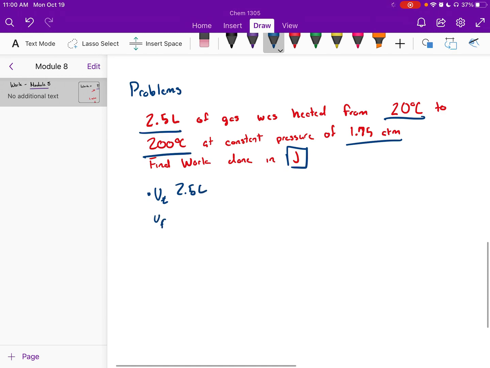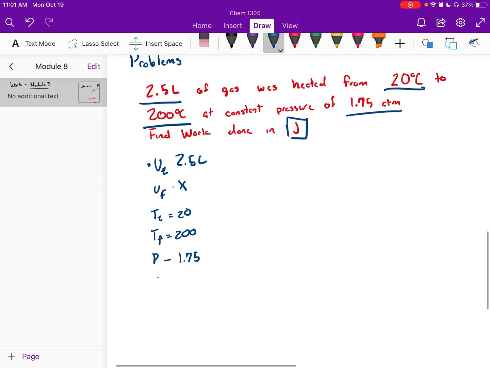We don't know what our volume final is, so let's put that as x. Our temperature initially was 20 and our temperature final was 200. Pressure is constant at 1.75. And then finally, we want our answer in joules.